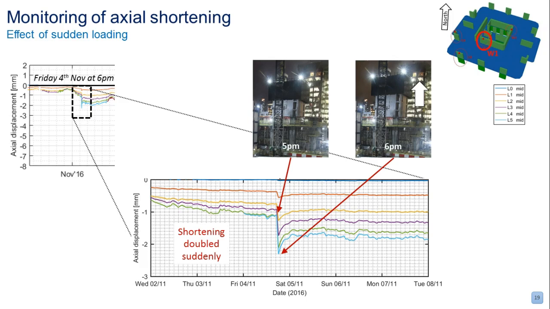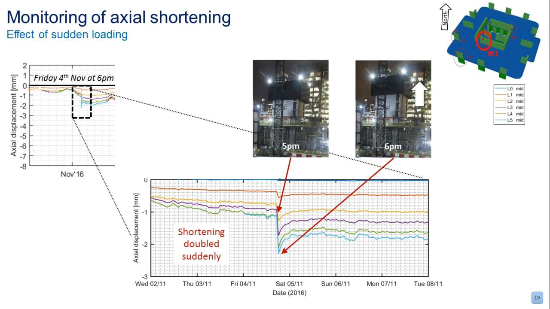And what we suspect happened is that when the rig was raised and then lowered into place on the holding pins, perhaps in that particular location, because we only recorded this effect in that piece of the core wall, it was lowered with a bit of sudden loading.